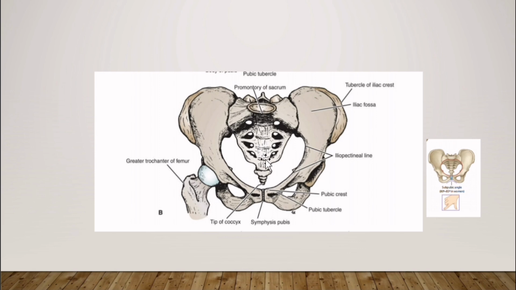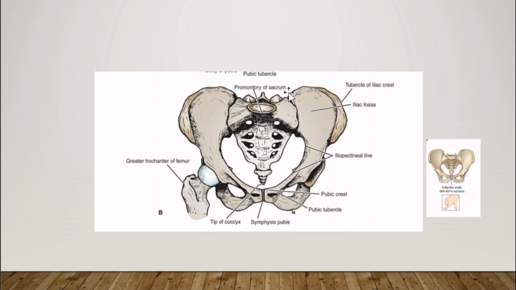Yeah, then what else can we talk about here? And during pregnancy, parturition, that is childbearing, right? We see that some of the ligaments which we're talking about get loosened up a bit to allow the baby to rotate its head and flexibly come out of the uterus, right?